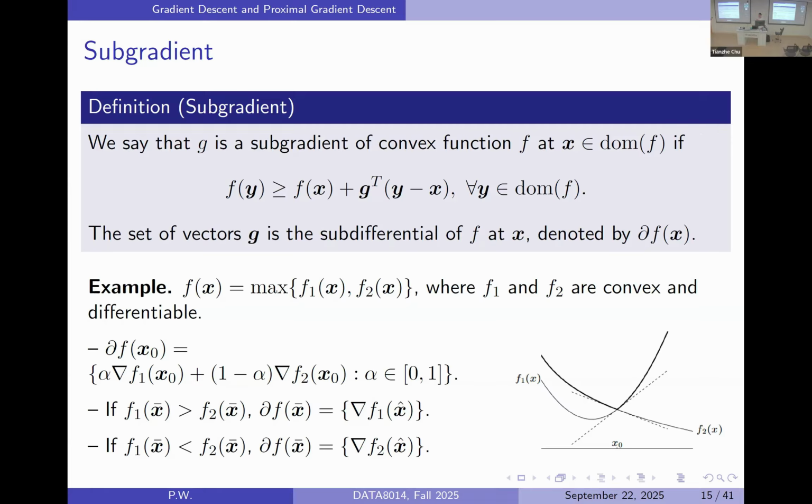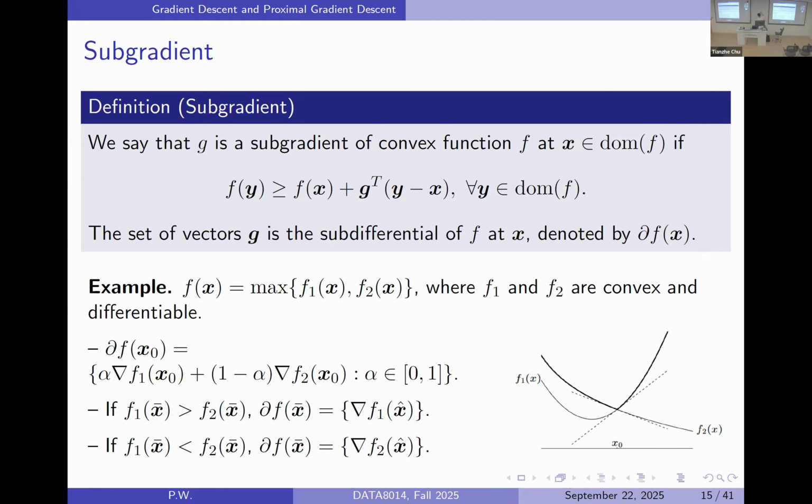Here is another concrete example: we consider the pointwise maximum of two convex functions. f1 is a convex differentiable function and f2 is a convex differentiable function.